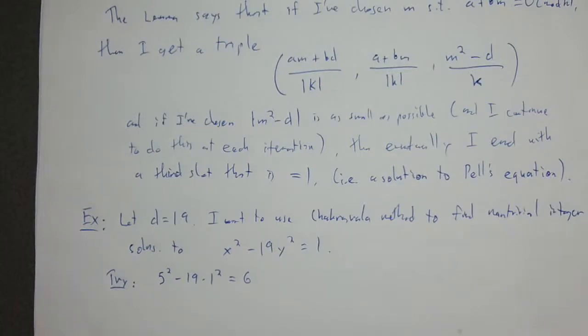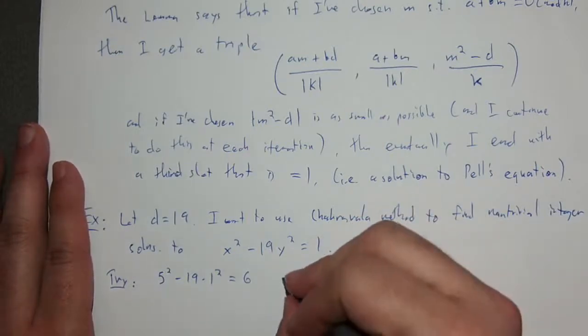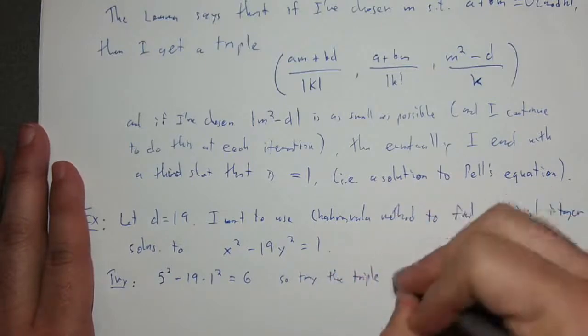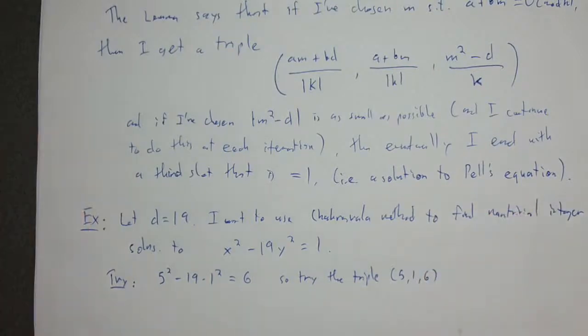That's not 1, but that was my attempt. So I start with this failed attempt. I plugged in 5 and 1 because I thought maybe it was close enough. It didn't work. So this failed attempt gives me a triple 5, 1, 6. Again, I didn't have to start that way. This is just what I decided to do.